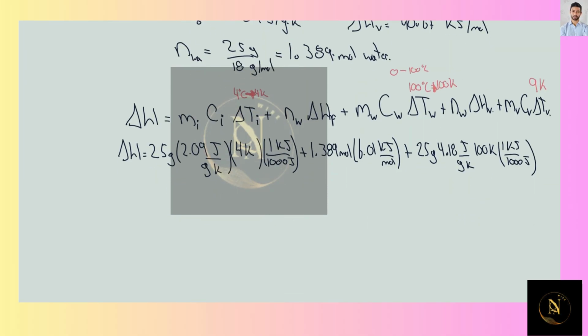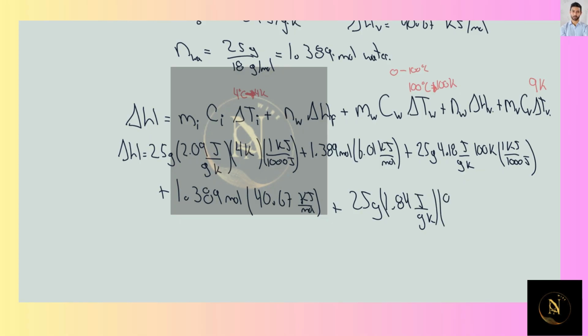Next term, we are going to have amount of mole of water, 1.389 mole, times the heat of vaporization of water, which is 40.67 kilojoules per mole, plus the mass of the vapor, 25 grams of vapor, heat capacity of the vapor, or the steam, 1.84 joules per gram Kelvin, times delta T for the vapor, 9 Kelvin, times my conversion factor, 1 kilojoule divided by 1000 joules.